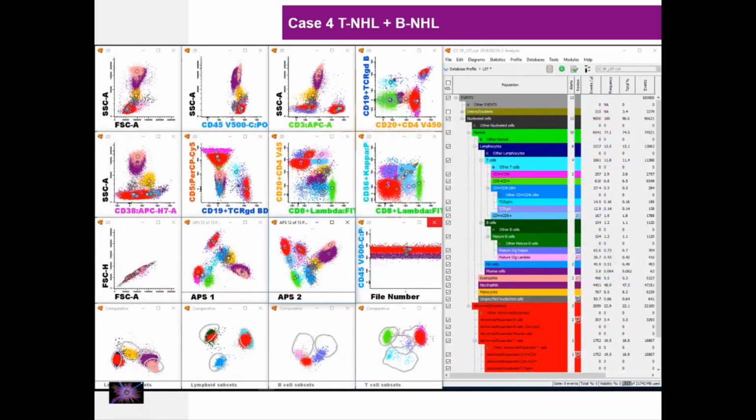So this sample represents two different tumor cells, one T non-Hodgkin lymphoma and one B non-Hodgkin lymphoma. And as you can see in the bottom graphics, there's both a B and a T expanded clone. Here the B and here the T, and of course the T is bigger.